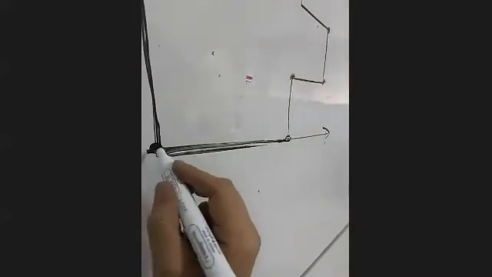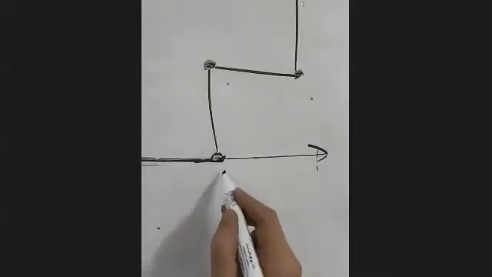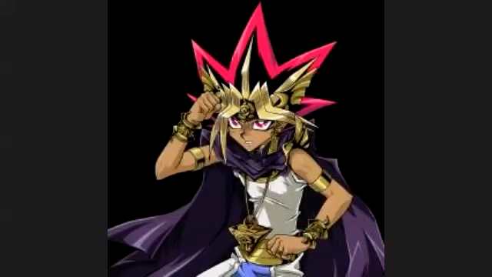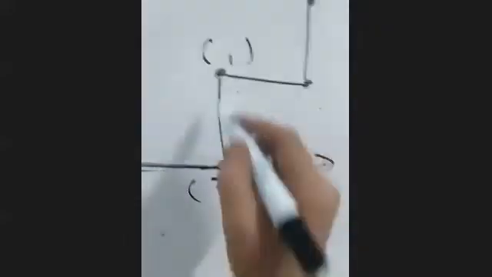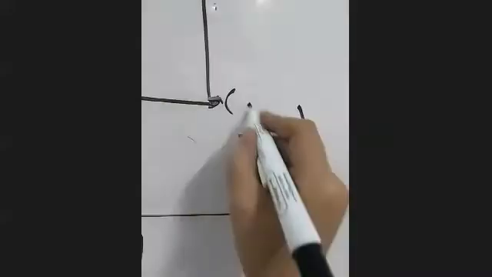They are written in your book. What's this point, Amr? 0 and 0. What's this point here? 7 and 0. Here, 7 and 3. Here, 11 and 3.